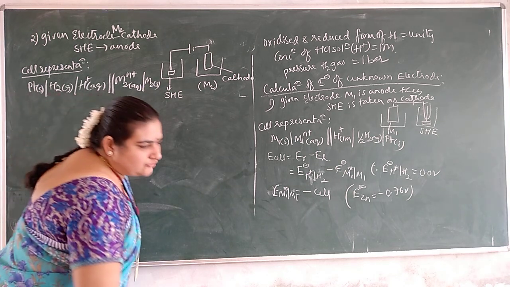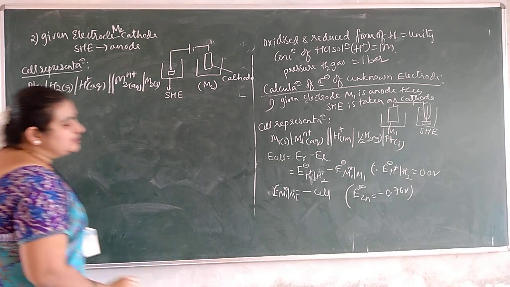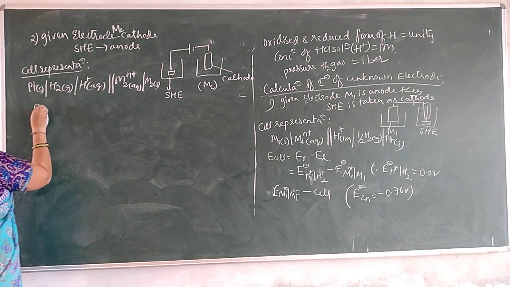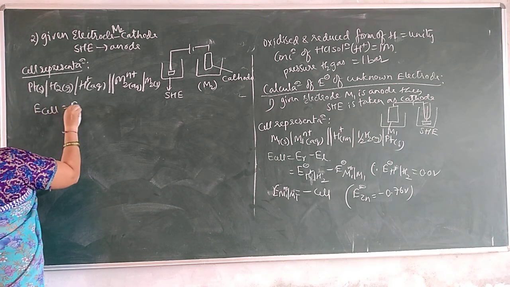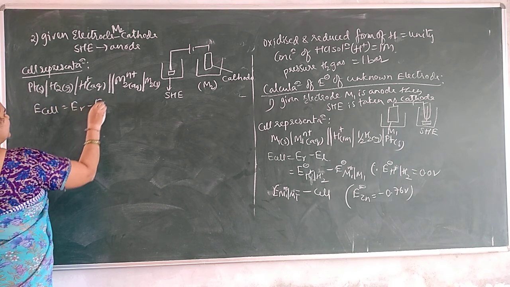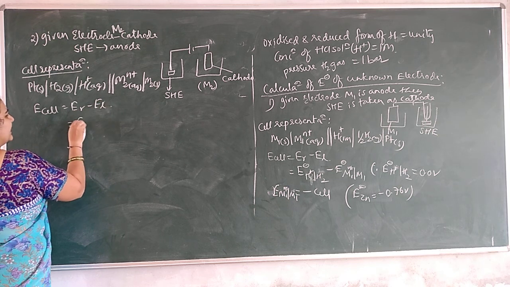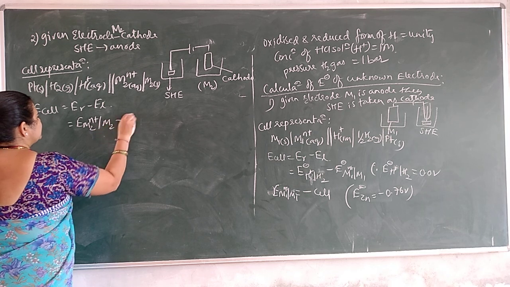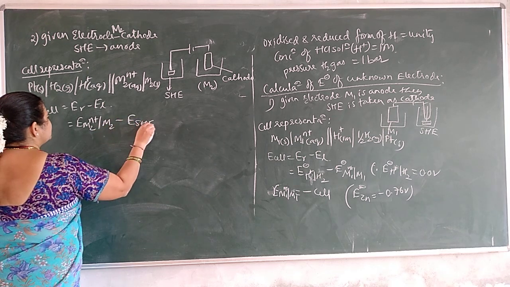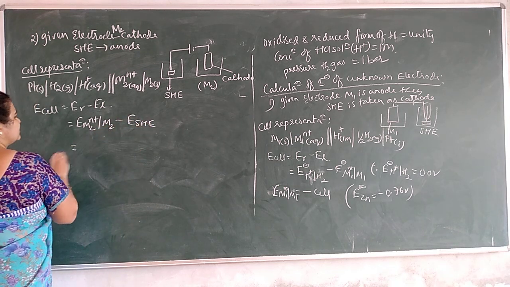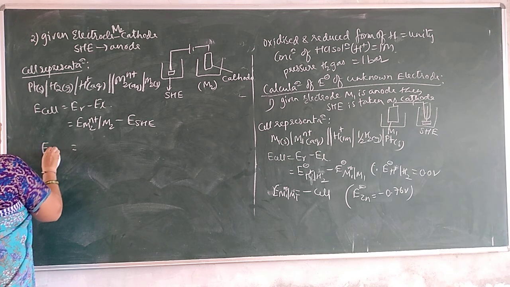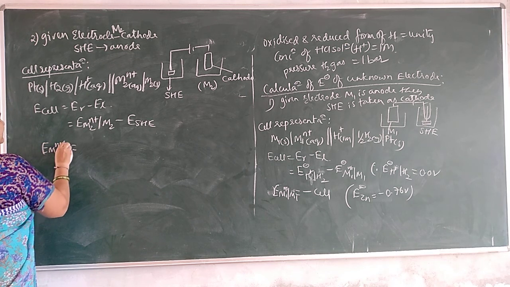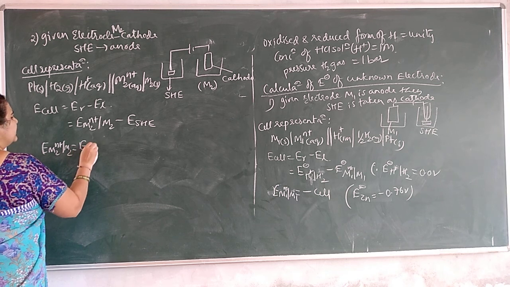Here we write E cell is equal to E right minus E left. Here E right is E of M2^n+ | M2 minus E of SHE, and E of SHE is again 0. So E of M2^n+ | M2 is equal to E cell.